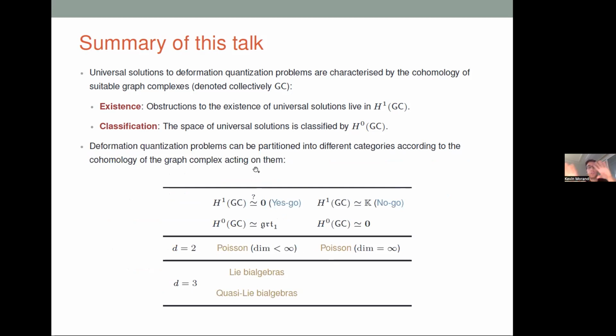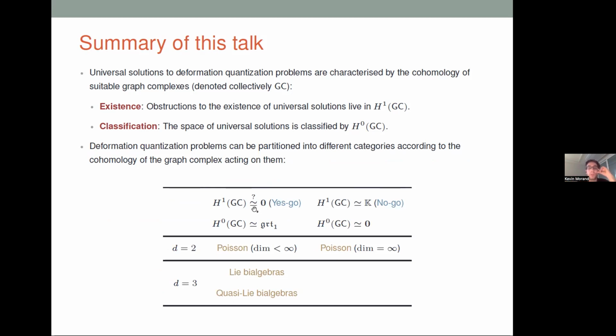So, I said we can partition somehow into different categories the deformation quantization problems according to graph complex cohomology. We have broadly two classes: yes-go classes, in which everything works well, and no-go classes, in which there is some obstruction.